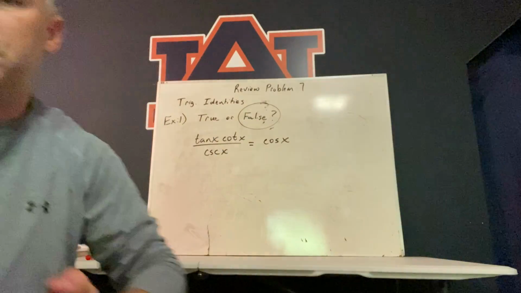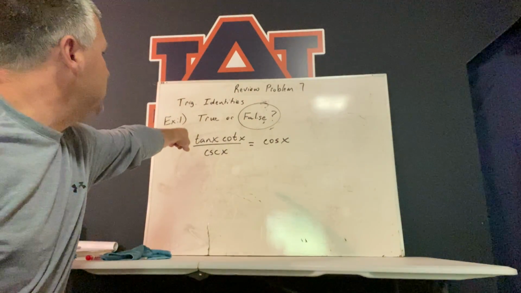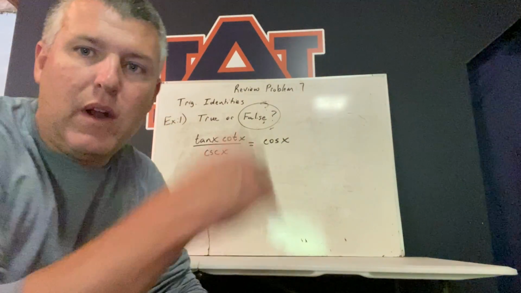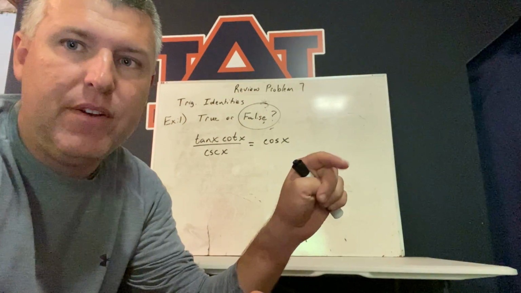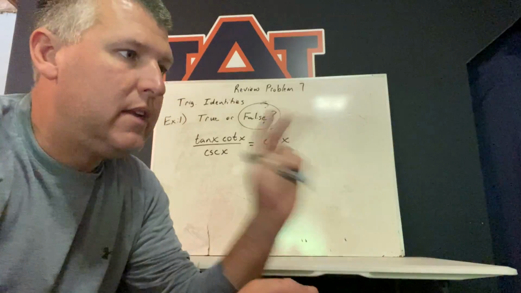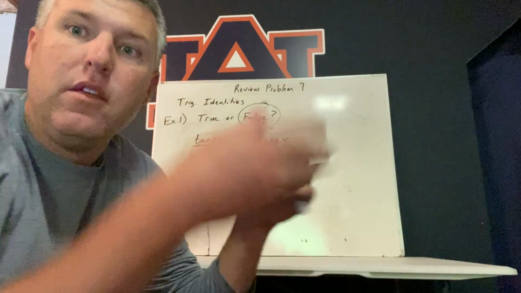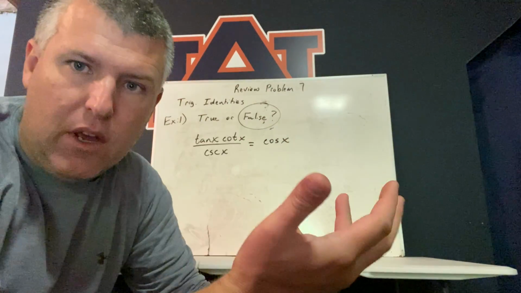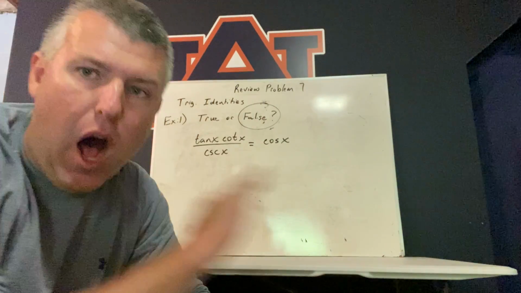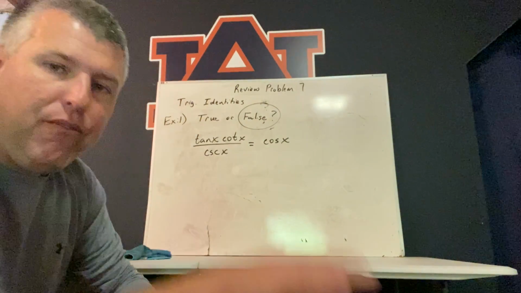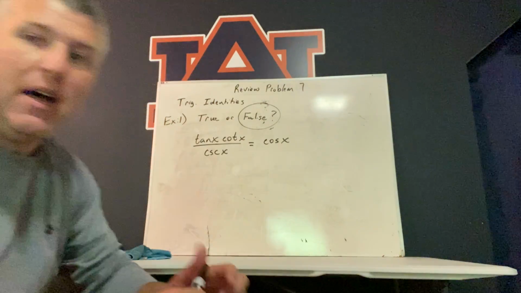If I notice that up top I have tangent times cotangent, those are inverses, right? So that's like saying 5 times 1 over 5, 10 times 1 over 10. They're inverse operations, inverse functions. So when I multiply inverses, I automatically, every single time, I get 1.